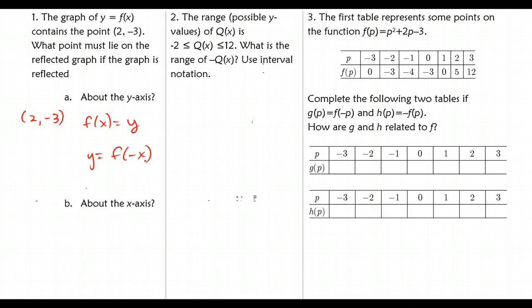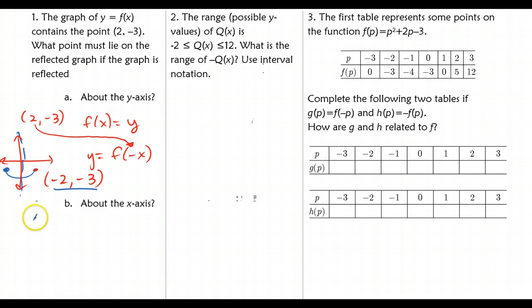So if we look at our beginning coordinate here, we now have the point (-2, -3), because once we apply the reflection, we now have the opposite value of x. If you think of it visually, you start with the point (2, -3), somewhere right here, and you apply a reflection about this axis here. This is going to switch over to this side. Now you have a negative value for x, so (-2, -3).